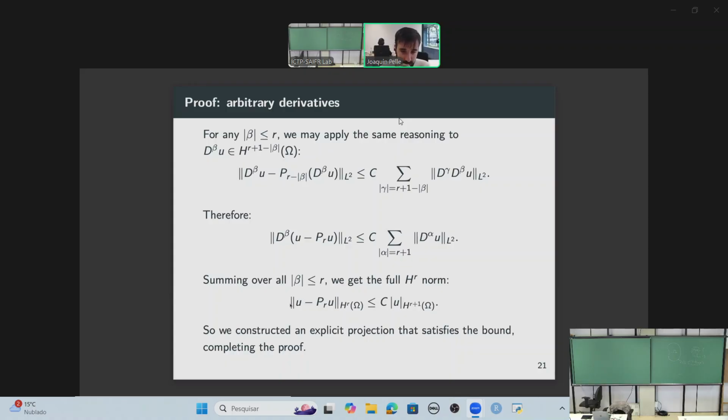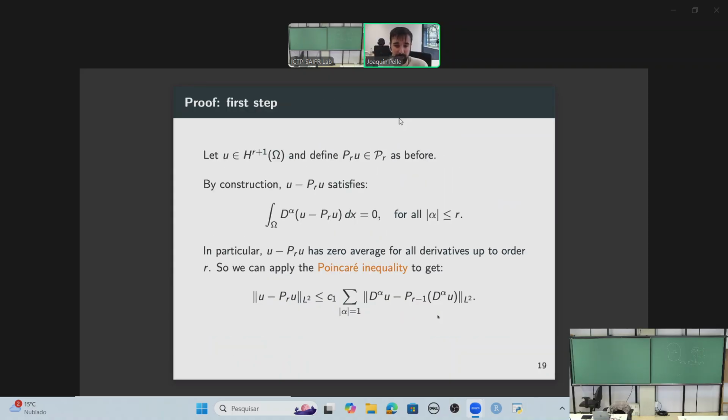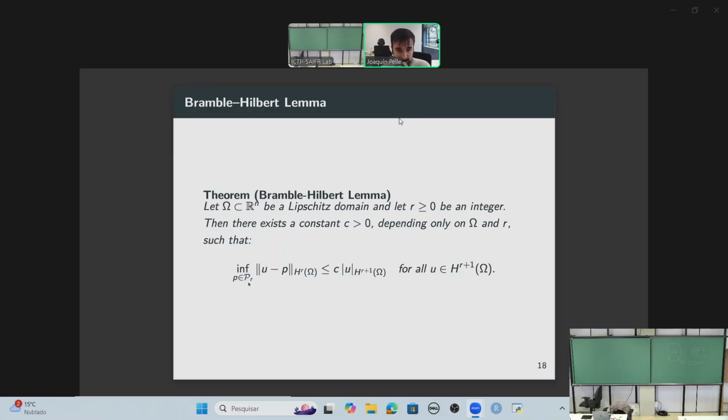So this is essentially a constructive proof of the Bramble-Hilbert lemma. If we go back to the lemma, it only says that by approximating with polynomials in this polynomial space, I can get as close as a constant that only depends on the domain and the r plus 1 semi-norm of the function, right?